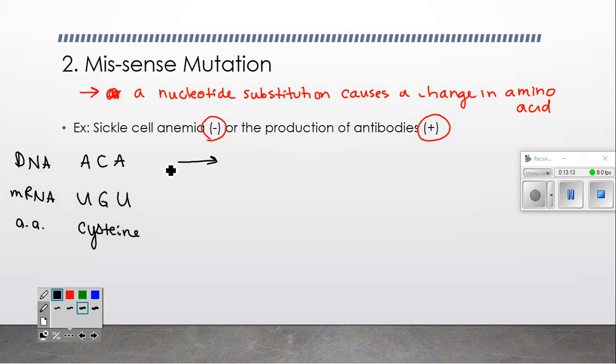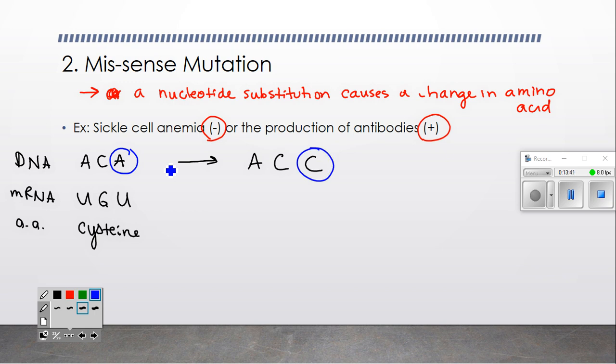Now, I could have a mutation that would give me something different in terms of my mRNA code. Let's say that instead of UGU as my mRNA code, I ended up with something like this. So the person, just like the last time, has a one nucleotide substitution in their DNA.